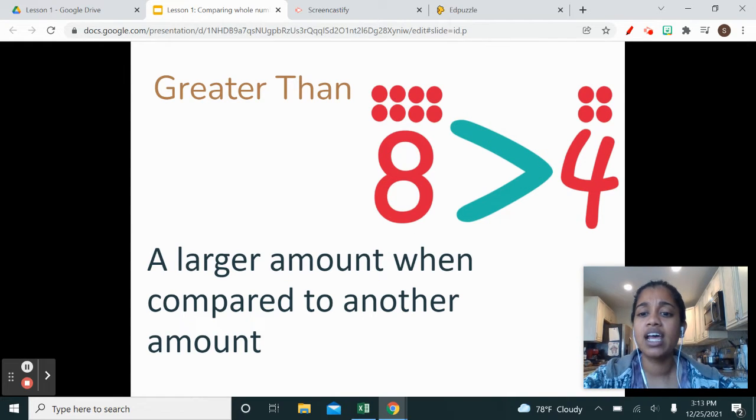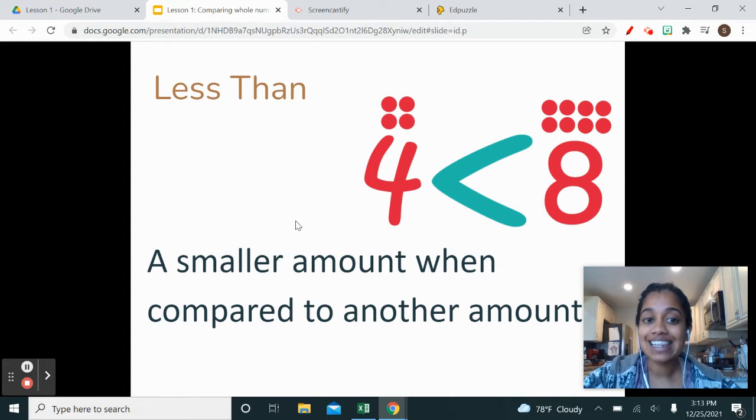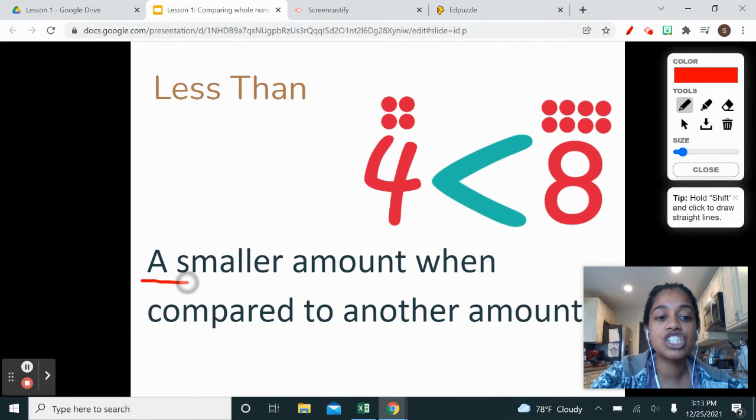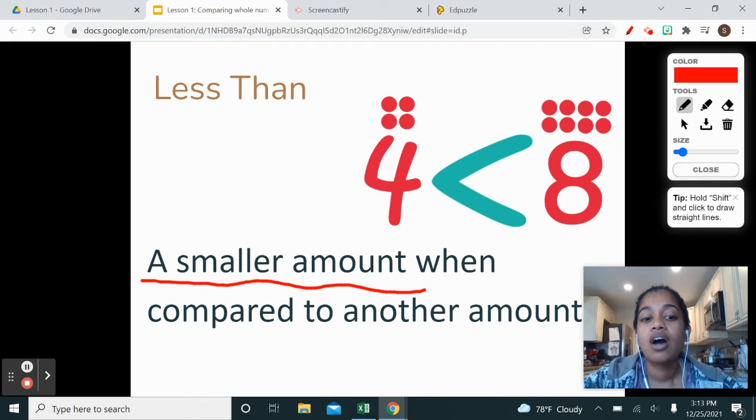Now let's look at a different scenario, the word less than. Less than is the opposite of greater than. That means it's an amount that is smaller when compared to another number. Over here, we see the number 4 and then we see the number 8.